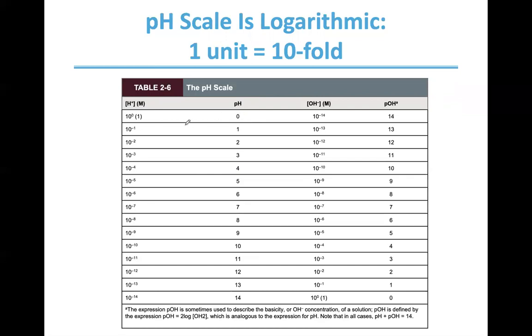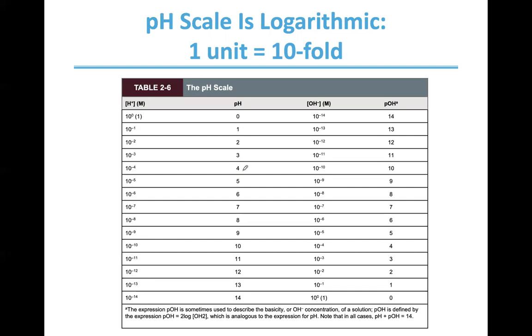And then as you decrease the concentration of protons by 1 order of magnitude, pH increases by 1 unit. So the difference between pH 1 and pH 2 is 1 order of magnitude in the concentration of the protons, right? So instead of 10 to the negative 1, it's going to be 10 to the negative 2. So keep that in mind.